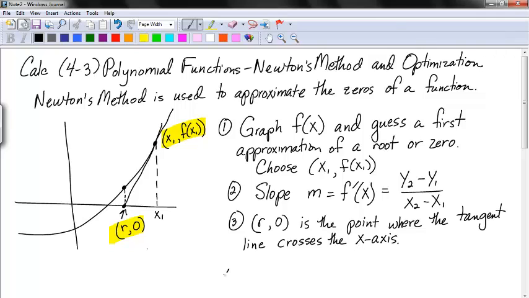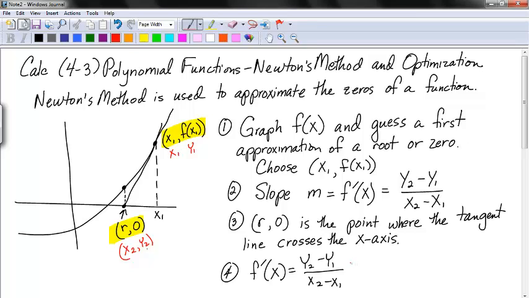Okay. So, fourth step, f prime of x equals y sub 2 minus y sub 1 over x sub 2 minus x sub 1. And if I label these ordered pairs, I'm going to label this one my x sub 2, y sub 2, and I'm going to label this one my x sub 1, y sub 1.